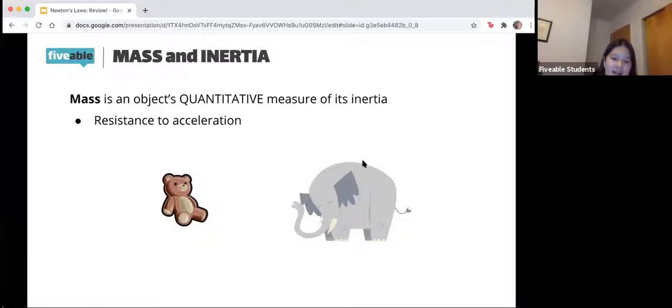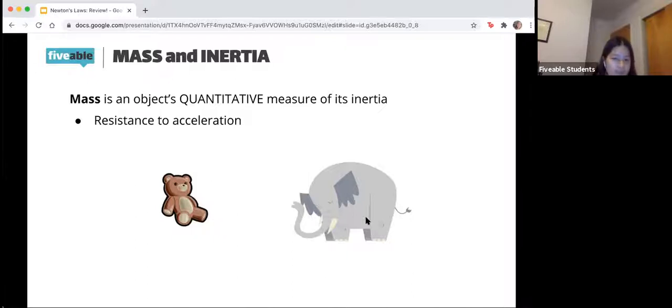Obviously, the elephant has a much greater mass than the stuffed animal. Therefore, its inertia is much greater as well. Inertia and mass are the same thing, but mass is a number that represents inertia, while inertia is more of a concept.